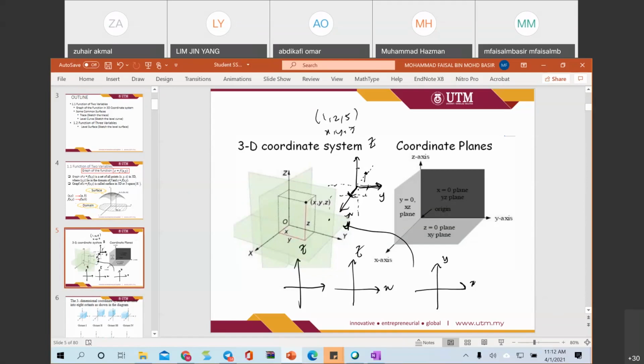Like this, (1, 2), right? X is 1, Y is 2 here. Here, X is 1, Z is 5. Here, Y is 2, Z is 5. So this point is located here.